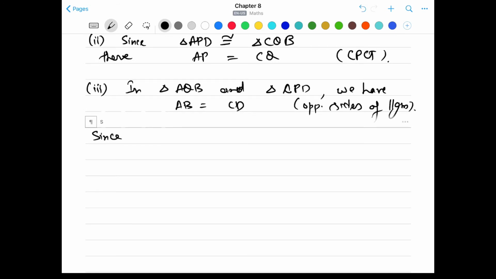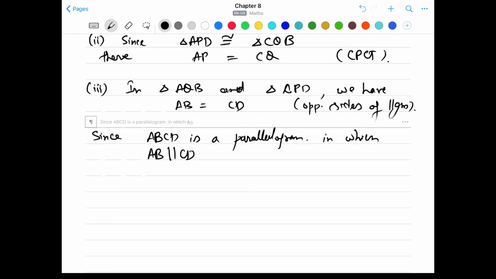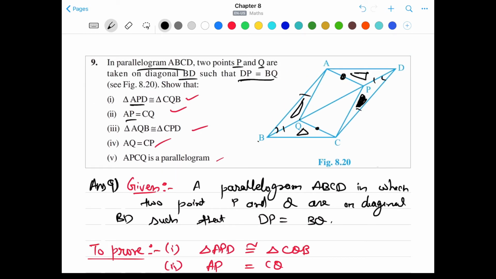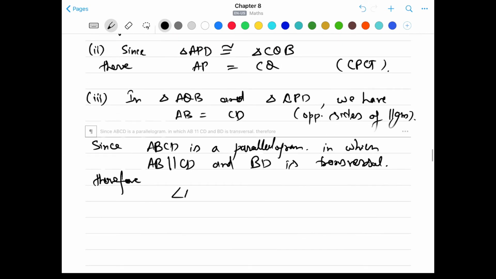After that, since ABCD is a parallelogram in which AB is parallel to CD and BD is a transversal, therefore angle ABQ will be equal to angle CDP, because they are alternate interior angles.